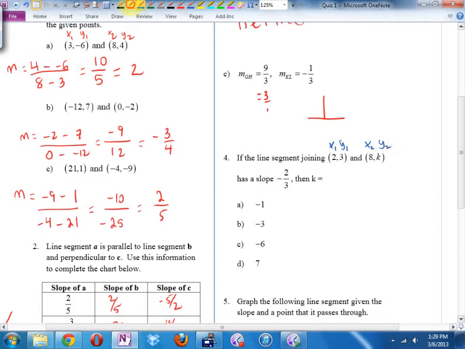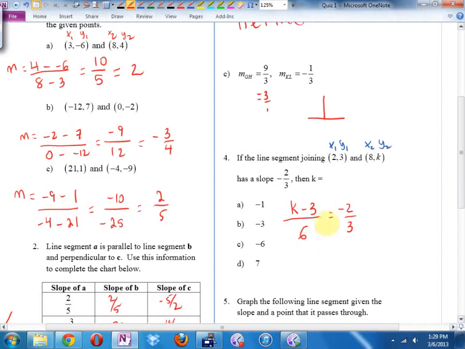I'll get y2 minus y1 over x2 minus x1 equals, and I know the slope. Oh, I can tidy this up a little bit. Do I have 1 fraction equals 1 fraction? Then I can cross multiply. By the way, when you cross multiply, what you're really doing is multiplying both sides by a common denominator, which in this case would be 6. But I can cross multiply.